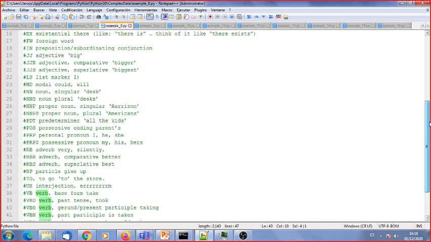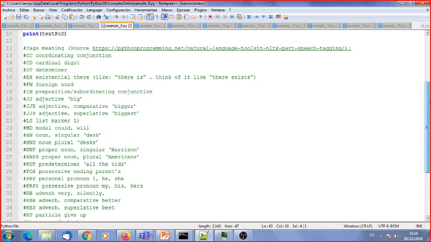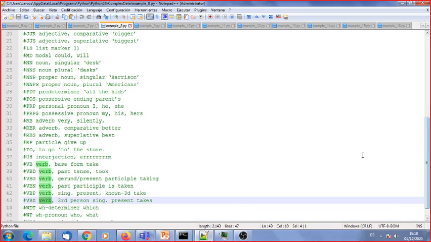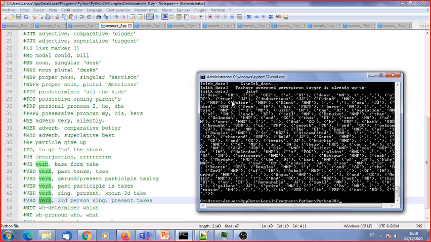In the script I posted the source where I obtained the tags and also the definition of each tag. So A is a determiner, and the next is a noun, comma, determiner. JJ is an adjective, industrious is another adjective, friend is a noun, etc. NP is a proper noun, for example.